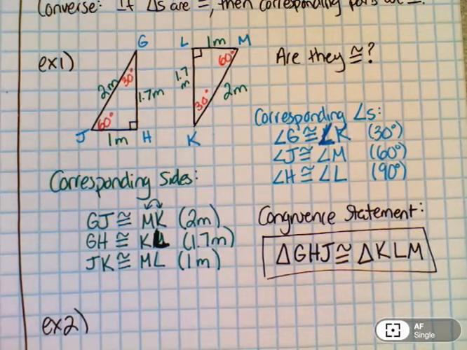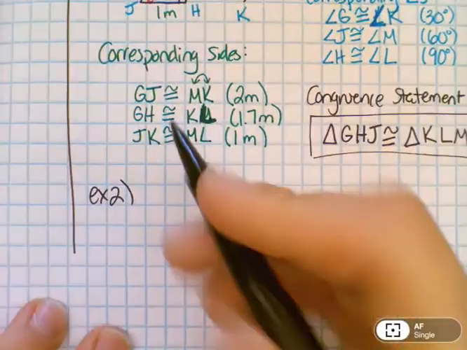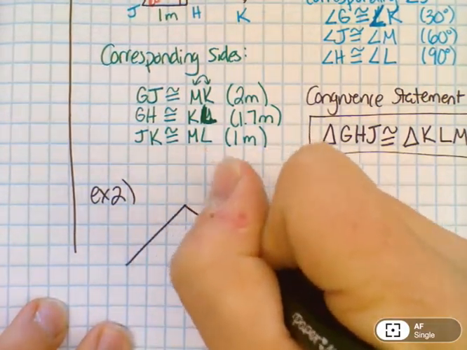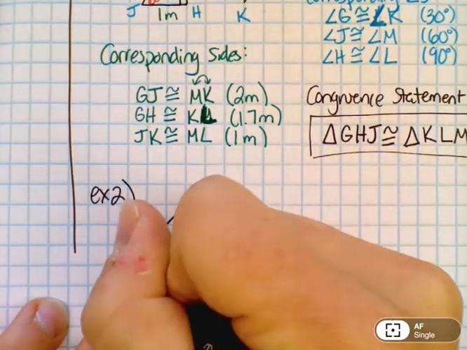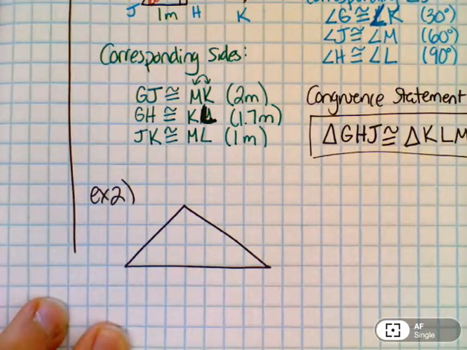So for this example, we're going to actually use some algebra to figure out some corresponding parts. So let's see. We're going to draw an obtuse triangle here, something like that.